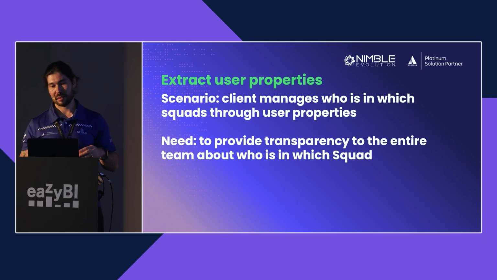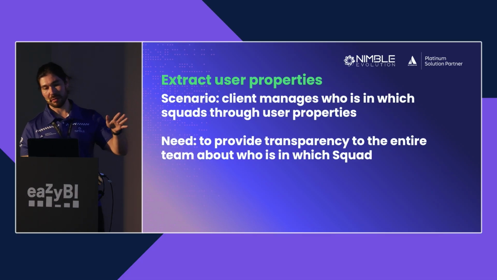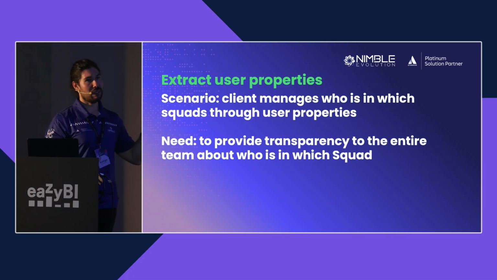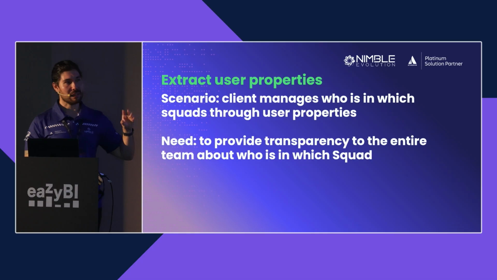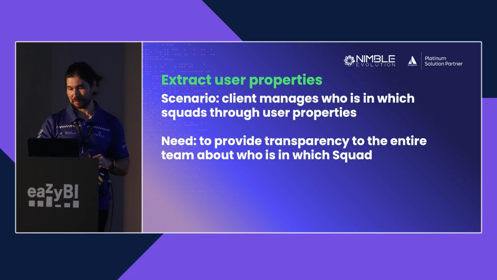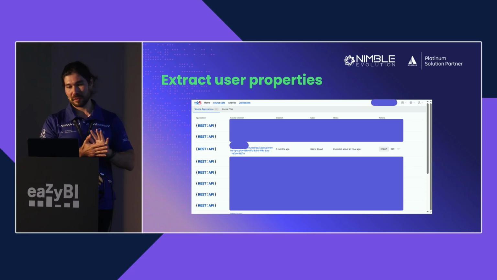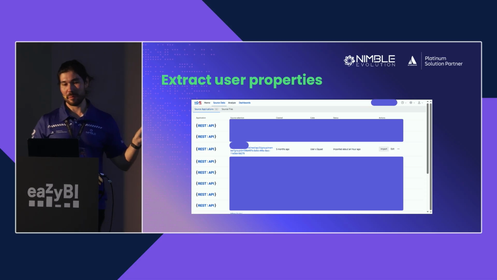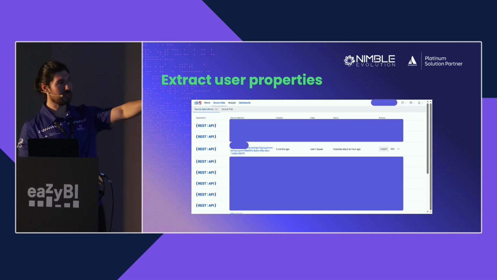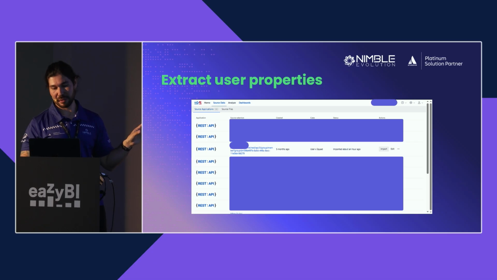But there was no easy way to show who belongs to each squad, because it's not easy to get that information only using Jira. So what we did was, again, connecting eazyBI to Jira itself, but through REST API. So we get all the members of a specific group, because everybody in the company was in this specific group.